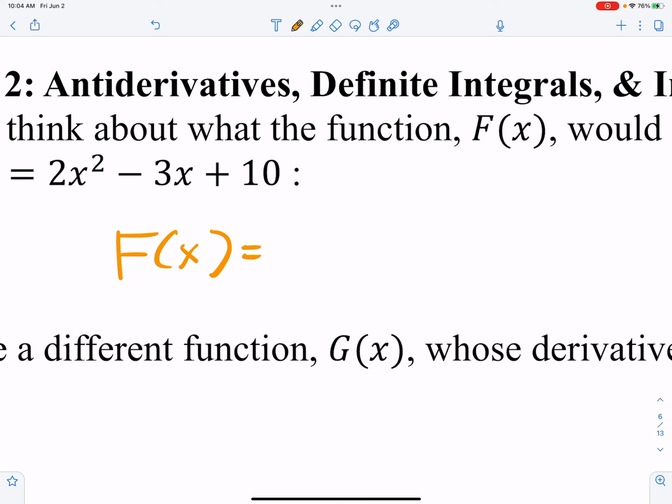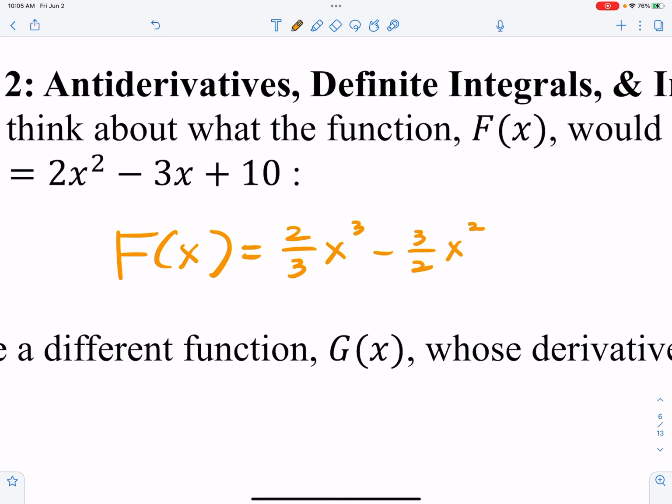So in order to get 2x squared as the derivative, that would mean that we would have to have 2/3 x cubed as the original term, right? Because we would then multiply 2/3 by 3 to get 2 and subtract 1 from the exponent. And then to get minus 3x as the derivative, that would have to be minus 3/2 x squared.